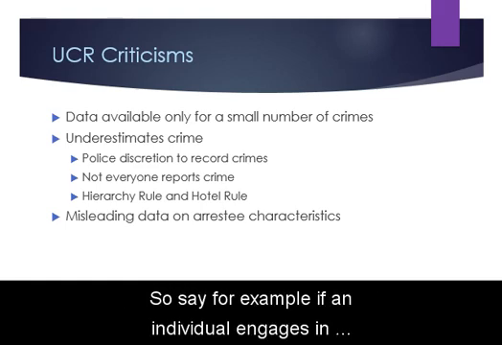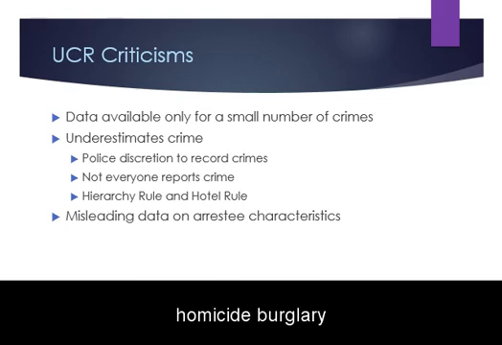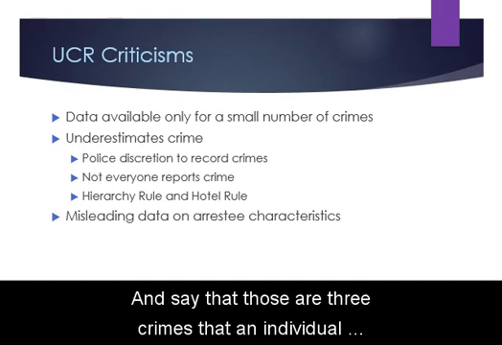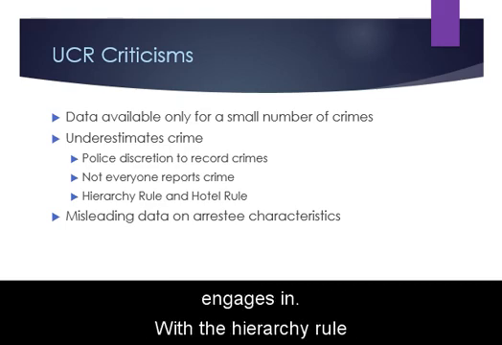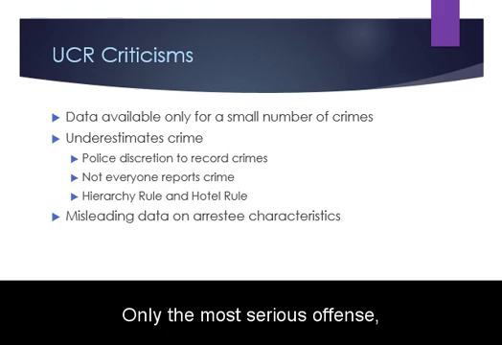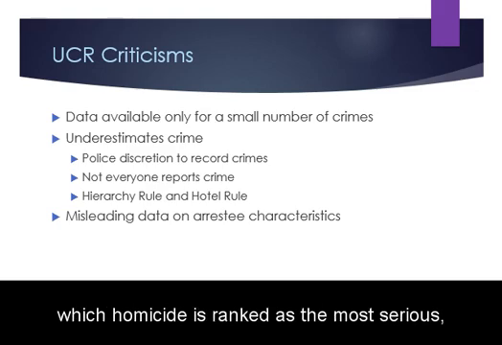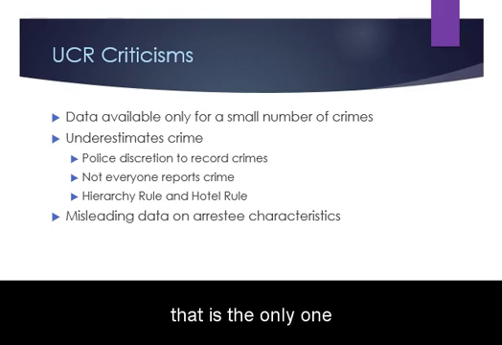So say, for example, an individual engages in homicide, burglary, and rape, and say that those are three crimes that an individual engages in. With the hierarchy rule, only the most serious offense, which is homicide, ranked as the most serious, is the only one that is recorded.